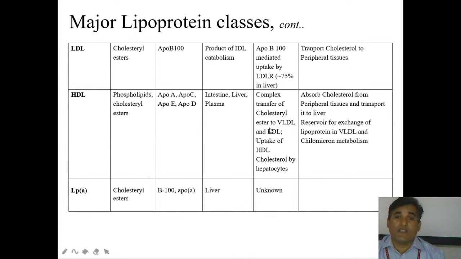It transfers complex cholesterol ester to the VLDL and LDL, takes up LDL cholesterol by the hepatocyte, and absorbs cholesterol from the peripheral tissue and transports it into the liver. This is a reservoir for the exchange of lipoproteins with VLDL and chylomicron. These are the lipoproteins.